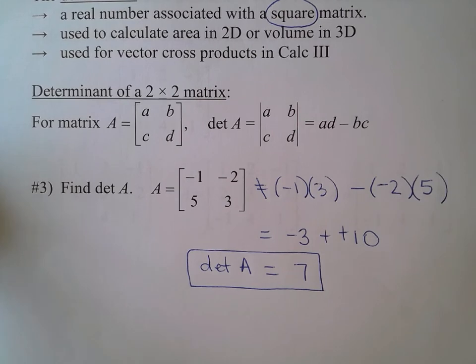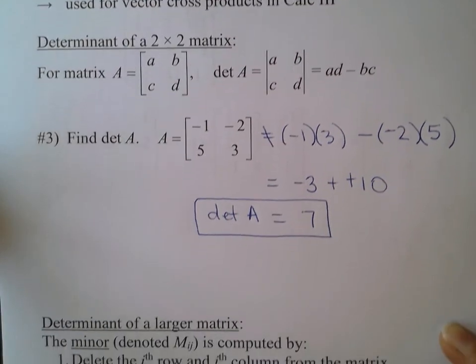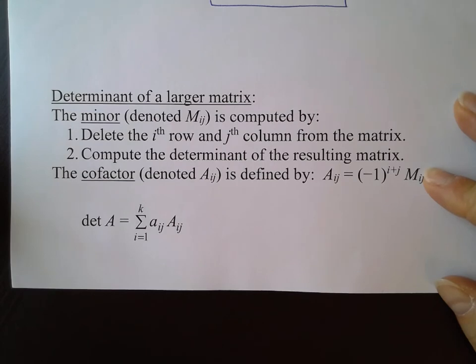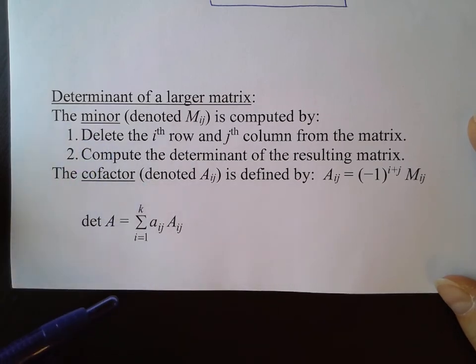Now let's say we wanted to upgrade, and we bring up to a 3x3, okay, but really the process for a 3x3 could be extended to any larger matrix. So the determinant of a larger matrix, we're going to calculate what's called a minor. There's a lot of notation here, and so I'm just going to go ahead and include that.